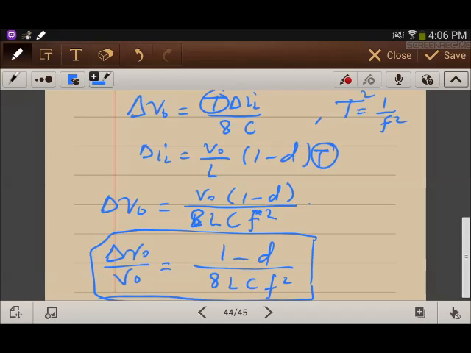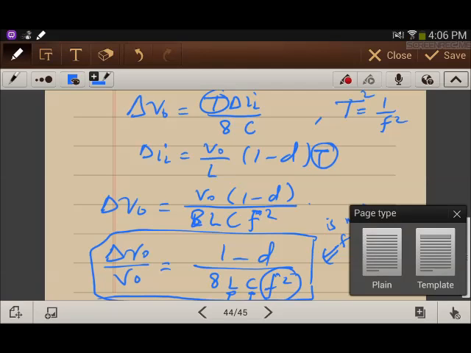This is how to find the peak-to-peak ripple, and we can see that it's not a function of R. It depends highly on the frequency, on the inductor, and also on the capacitor.